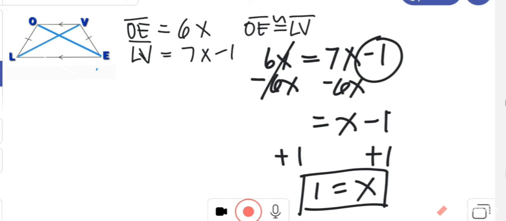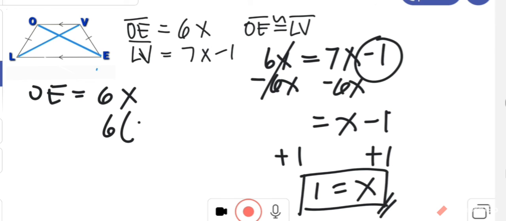Since x is equal to 1, now we can find the value of OE. OE is equal to 6x, 6 times 1. The answer is 6. So that's our OE.